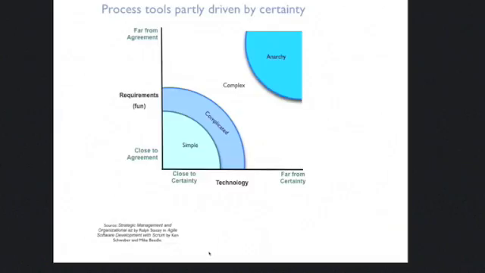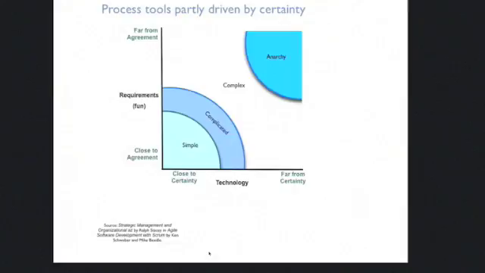Now, when we talk about Agile, I keep going back to this diagram here, which was created by Ralph Stacey in the mid-'80s. What this diagram says is that based on your certainty of what the technology can do, and based on your agreement about what the requirements are, in our case, what's fun about the game, based on where your project is at, it kind of leads you to the methodology that you choose.